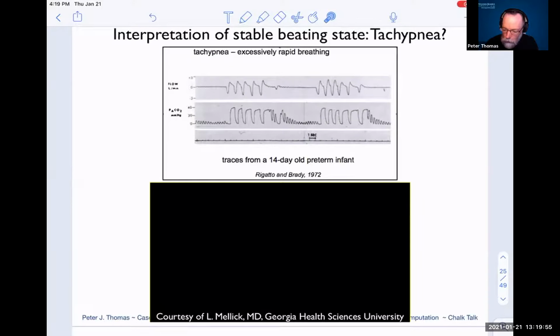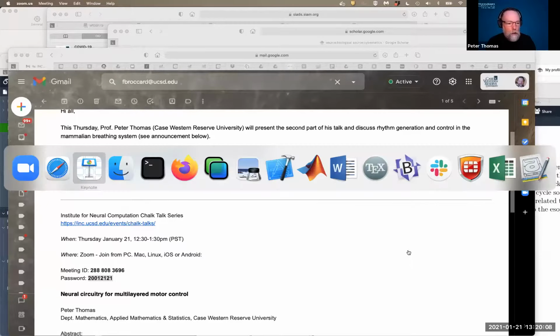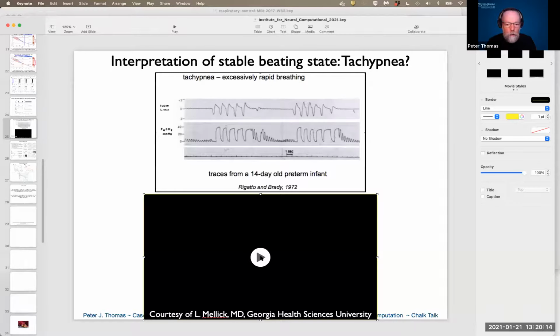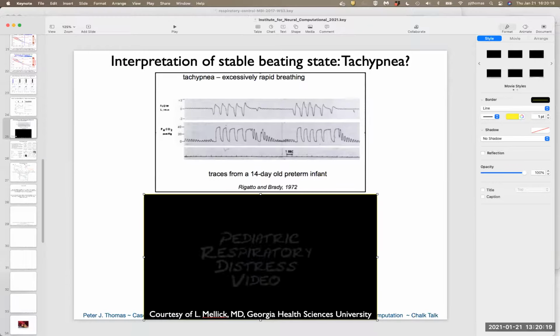Okay, so to do that, I'm going to stop sharing that screen. The movie is not on my iPad, it's on my laptop, but that will just take a second to switch over. Okay, can you see the slideshow again? Yes. All right.